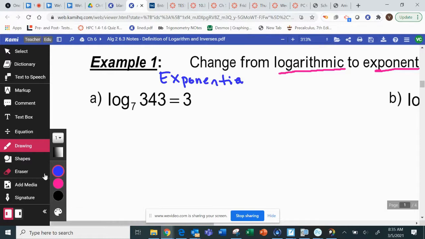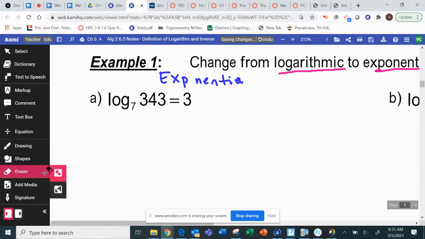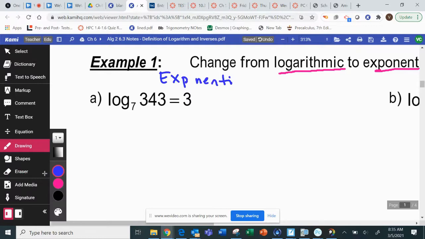Oh my gosh, I can't spell though. Exponentiate. There we go. We're going to exponentiate. So when I exponentiate, I look at the base of my logarithm, and I give both sides a base.